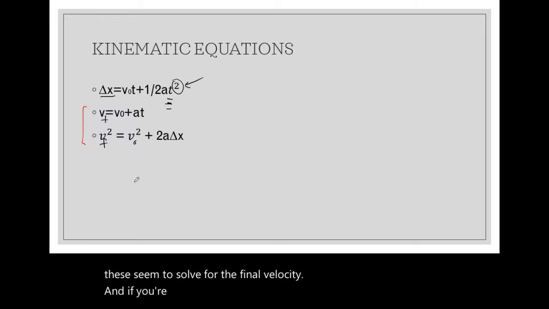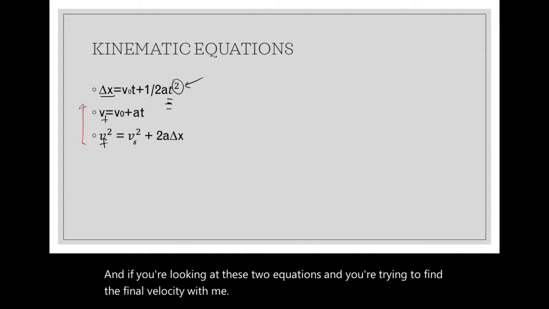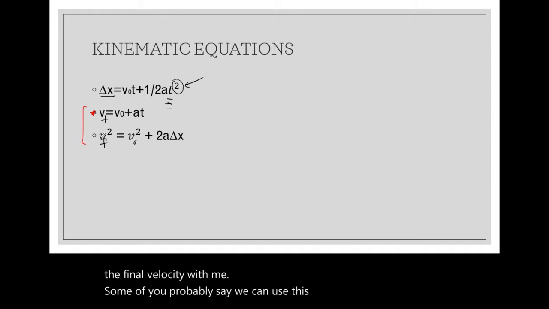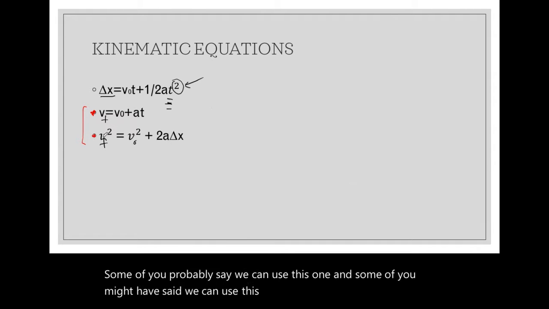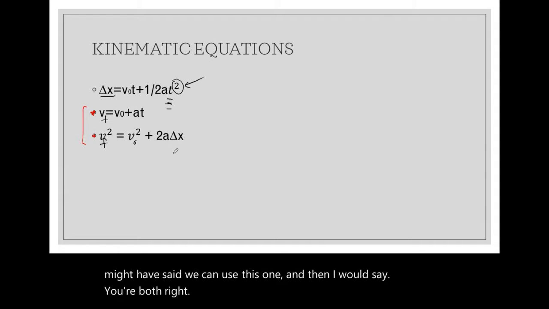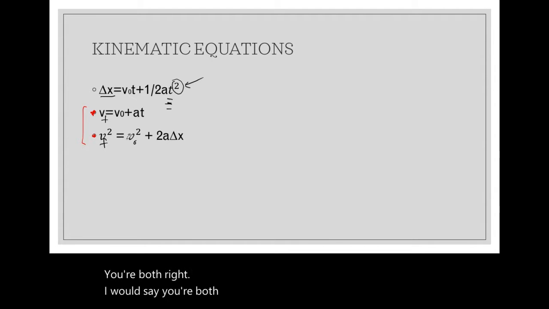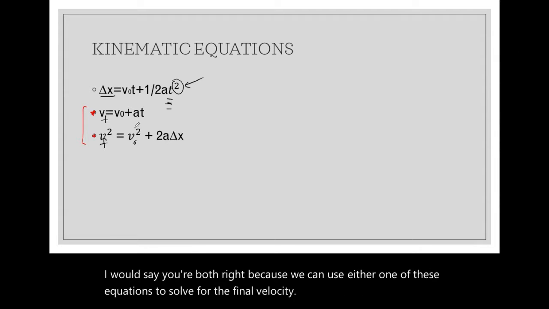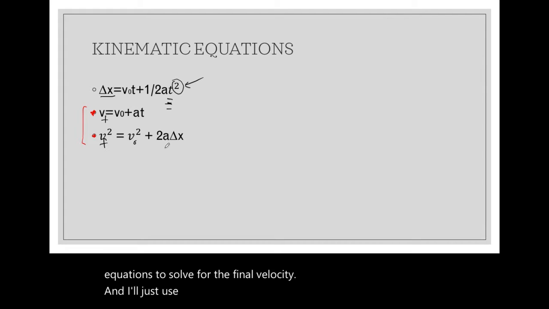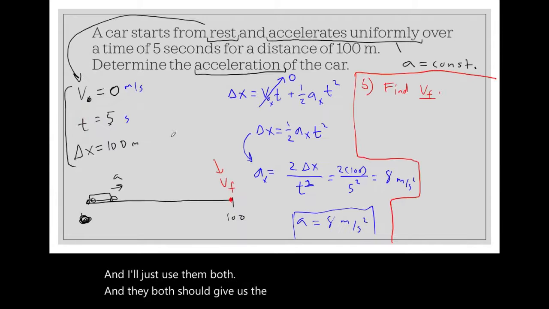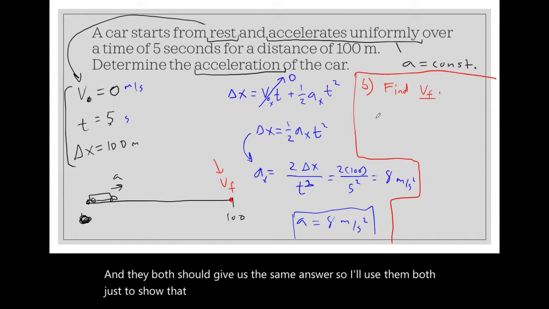Some of you probably said we can use this one, and some of you might have said we can use this one. I would say you're both right, because we can use either one of these equations to solve for the final velocity. I'll use them both just to show that they both work and give the same answer.